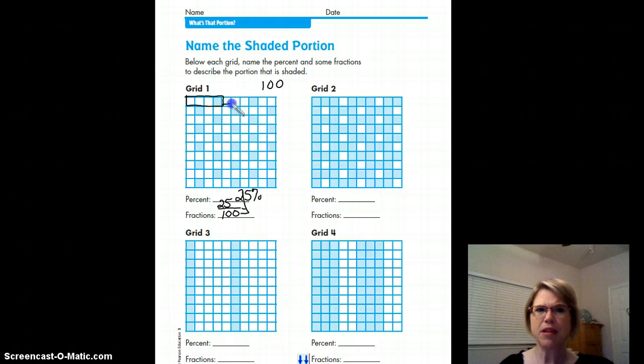If I split these up into groups that look like this, boys and girls, and here's my next group, this one, and then this one, and then this one. Do you see what I'm doing? Do you see that the same number of boxes out of every one of these groups is shaded? For example, oops, hold on guys.